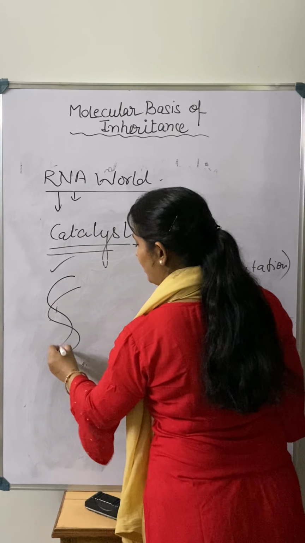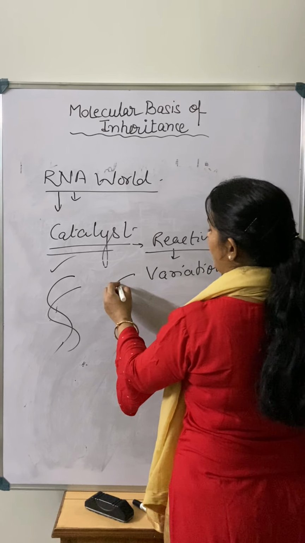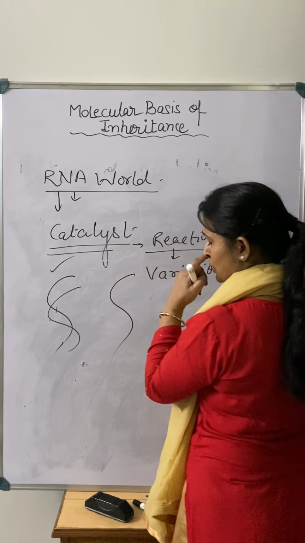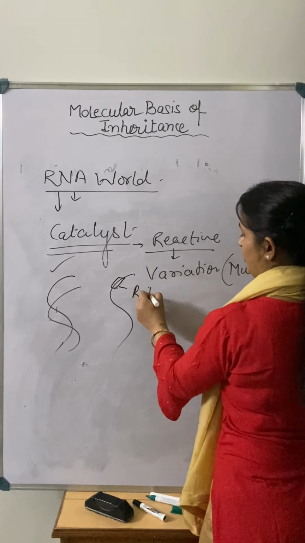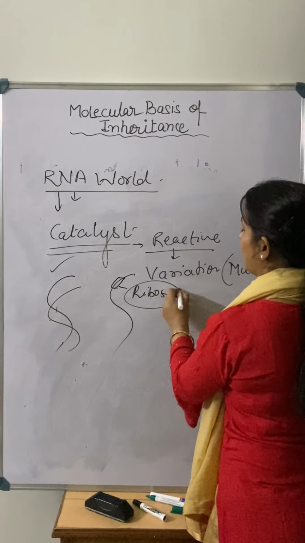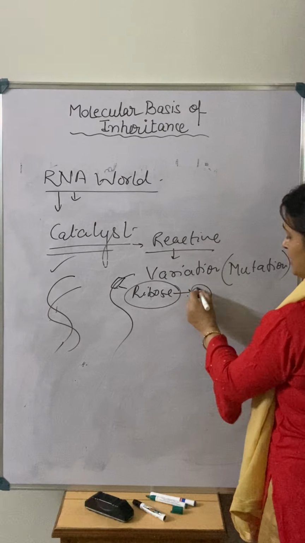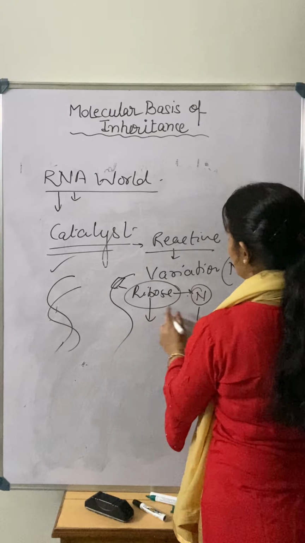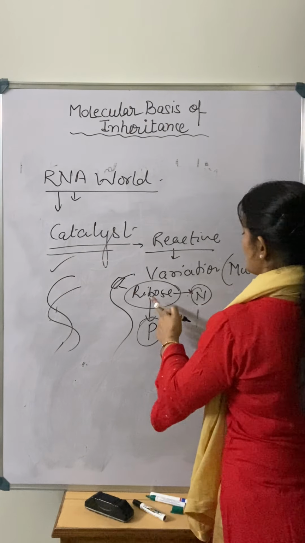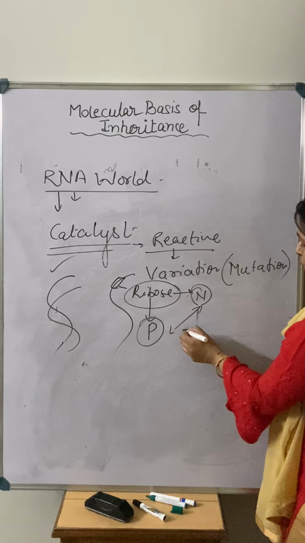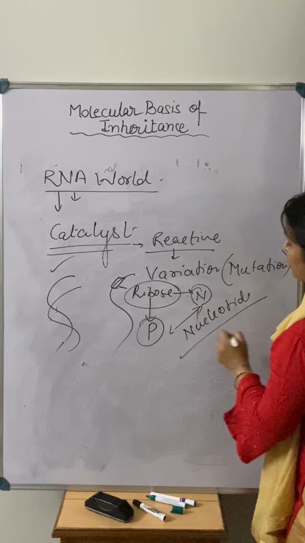DNA is double stranded. RNA is single stranded, and in RNA, as I told in the previous videos also, there is a ribose sugar, and with this ribose sugar there is bonding of a nitrogen base, and with the ribose sugar a phosphate group is going to attach, right? So they make the nucleotide, right?